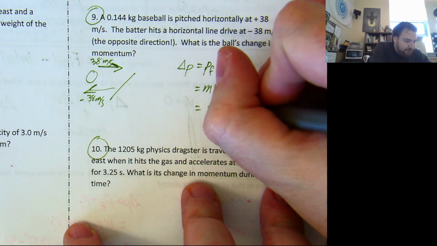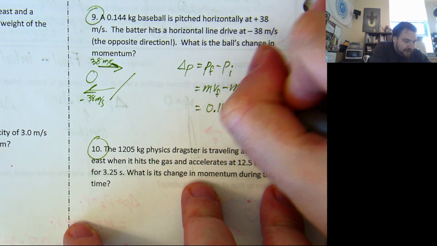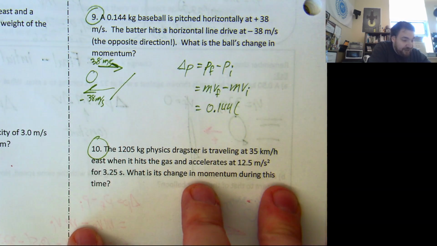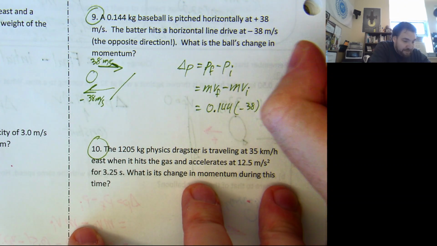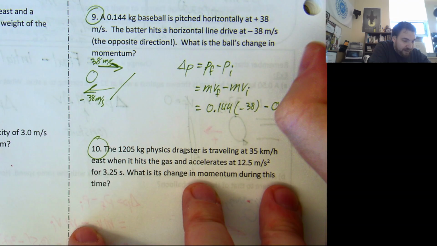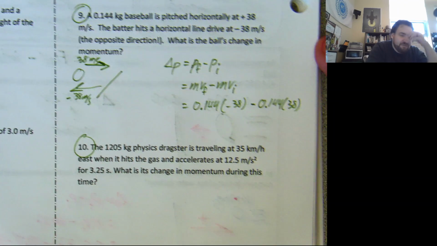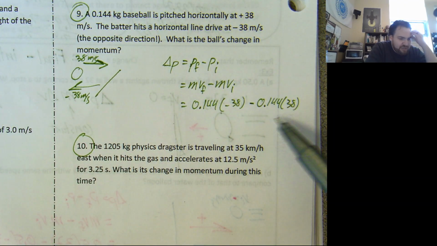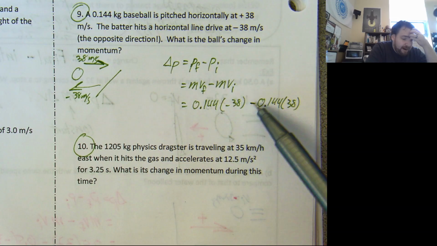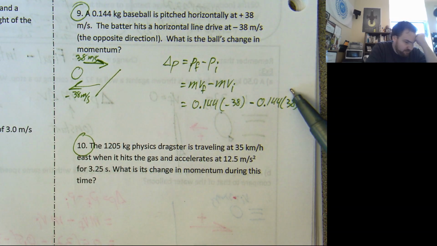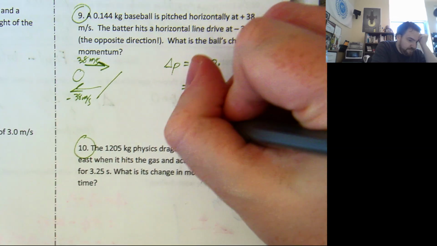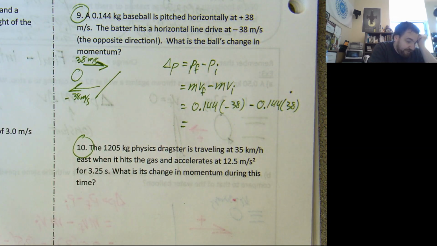So then the mass is 0.144, and the final velocity is negative 38, minus 0.144, and the initial velocity in this case is positive. So you've got a negative value here minus something positive. If you work that out, that should be negative 11. Does the setup make sense?